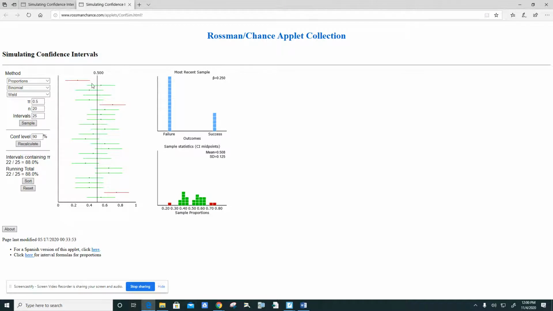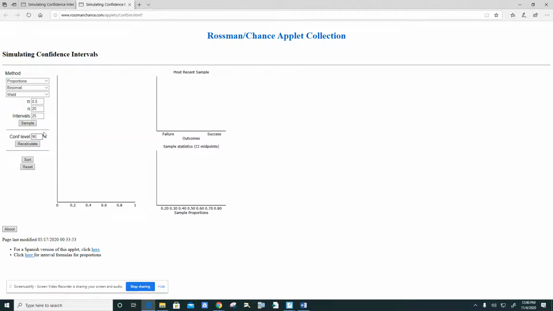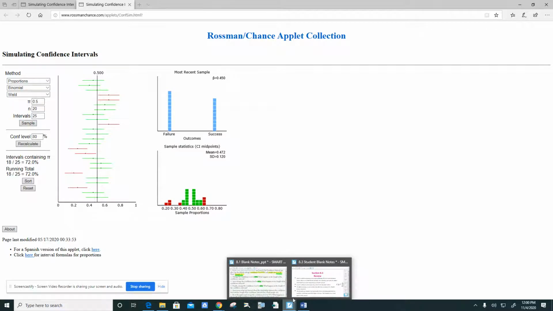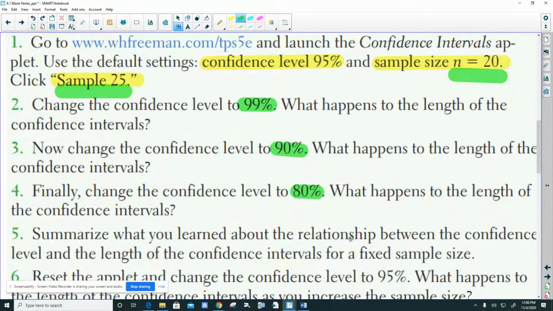Okay, now that is definitely smaller than the 99%. Let's drop it down to 80%. Okay, and that is even smaller yet. So it's feeling like as your confidence level goes down, that causes your confidence interval to go down.